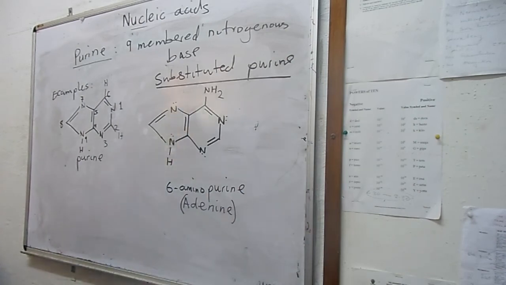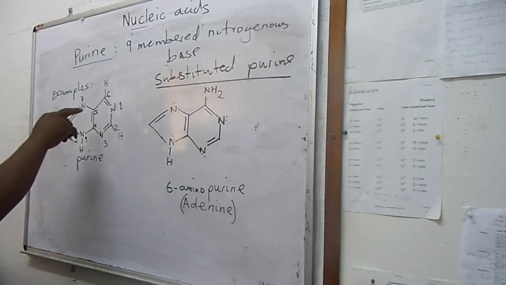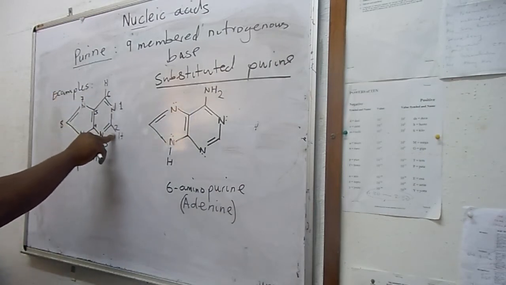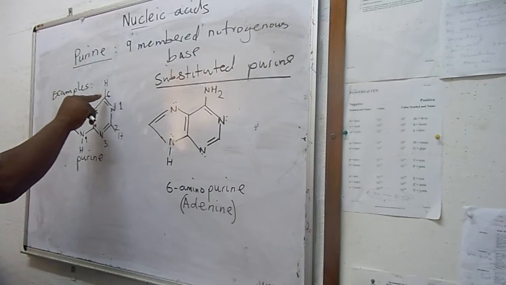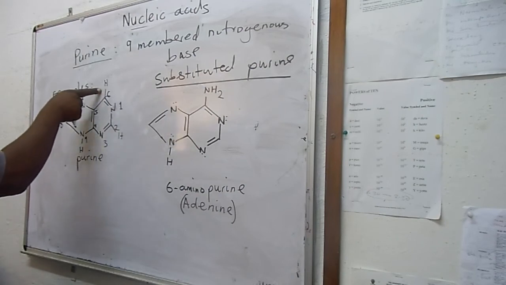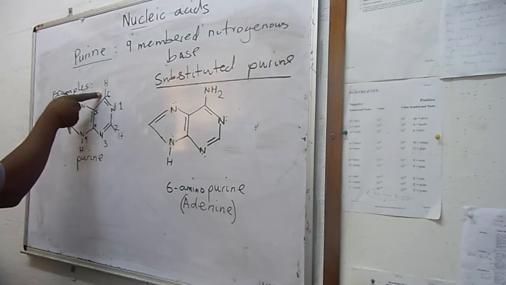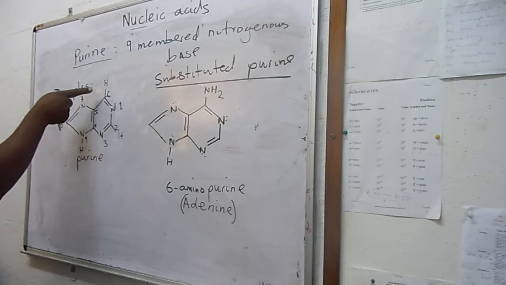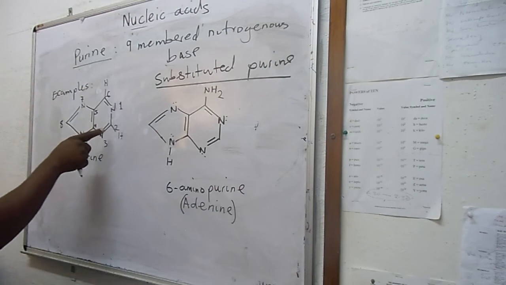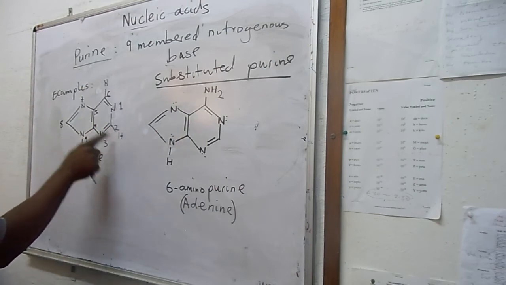Right. If I decide to make a different substitution, in this case I decide to make a substitution at position number 2 and position number 6. At position number 6, this position, I introduce an oxo group. At position number 2, I introduce an amino group.